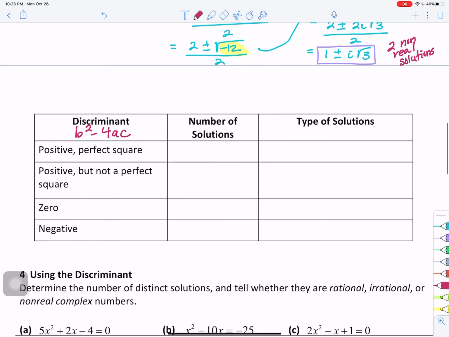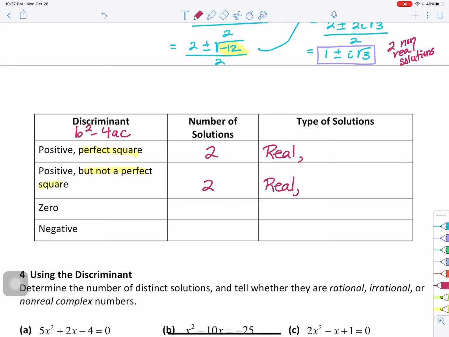So if it is a positive number, you have two solutions. We're going to talk more about this perfect square and not a perfect square in a minute. And these are real solutions. And we're going to give you a little more detail in a minute.